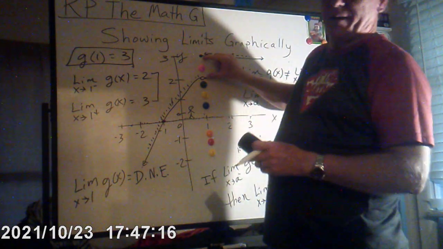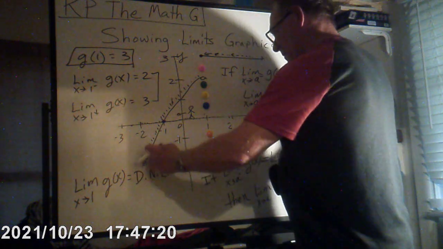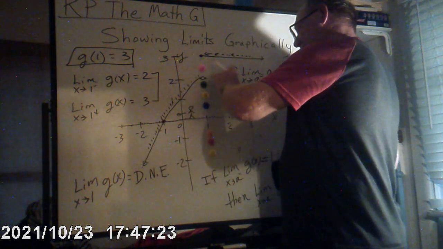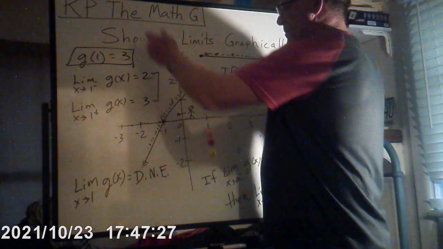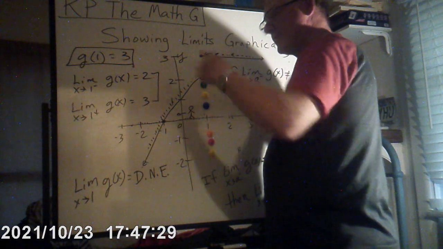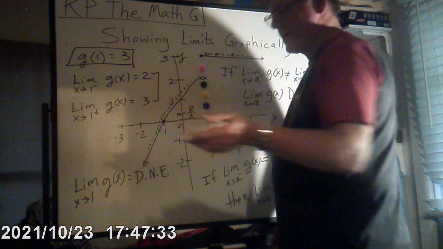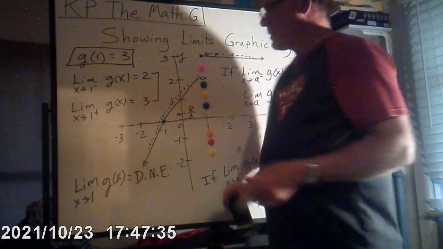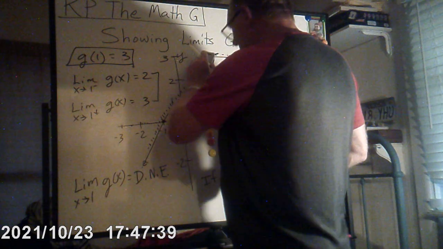There's a gap here. We'll have to look into that too. Now, there are 3 rules that we'll have to look at next time, but we'll get into that in another lesson. This is the lesson that we wanted here. g at 1 is equal to 3.